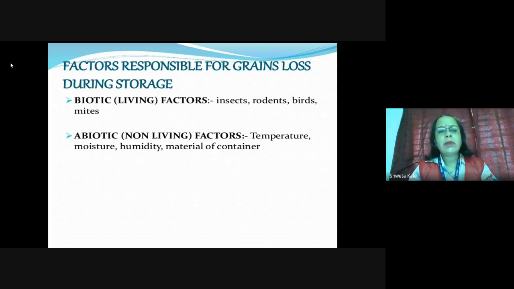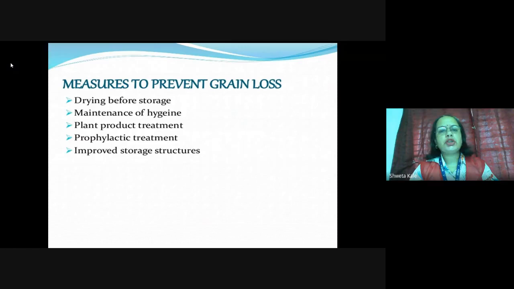Next one is abiotic factors, that are the non-living factors, which include temperature, moisture, humidity, material of the container. If you are not storing the grain properly, then these abiotic factors will also hamper the quality of the grains.